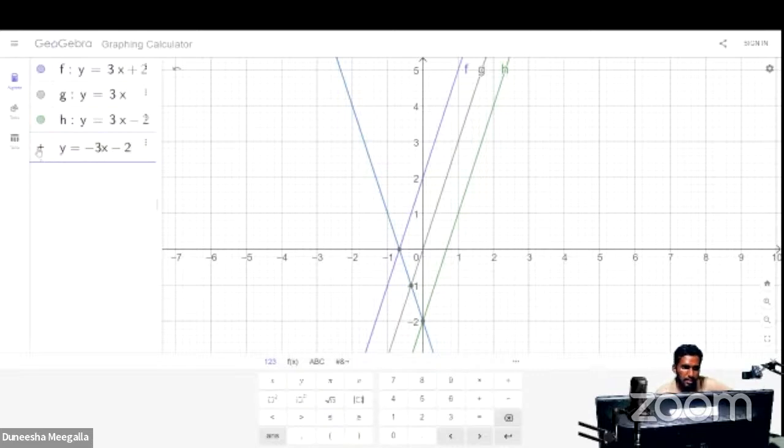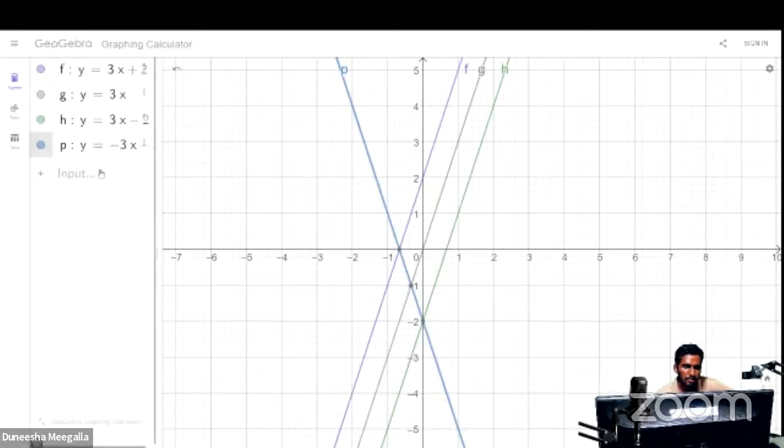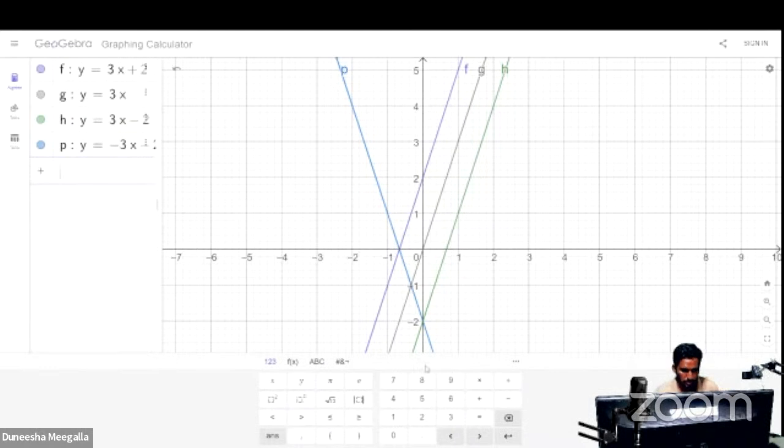Let's take another one. y equals minus 4x minus 2. Did you see? Let's look at the angle.